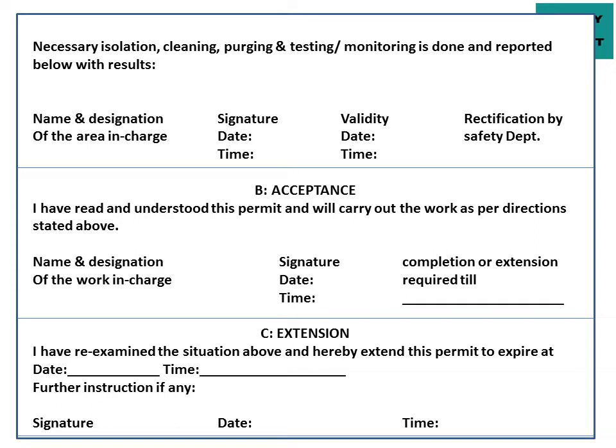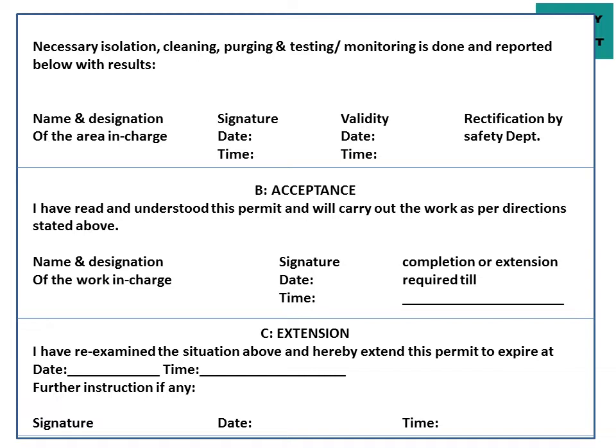The third part is extension: "I have re-examined the situation above and hereby extended this permit to expire at date and time." In which case is extension of the permit necessary? Suppose an expected time is given, but due to some reason the work is not finished within that time, then we have to extend the permit.